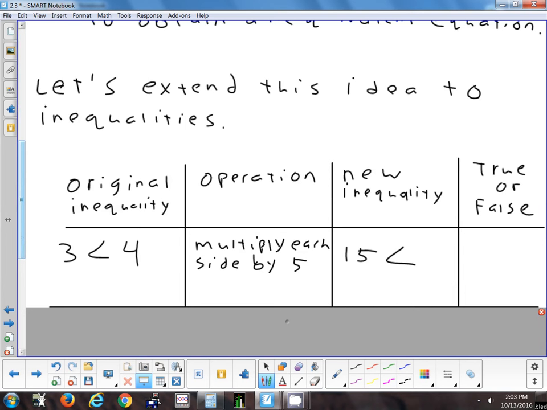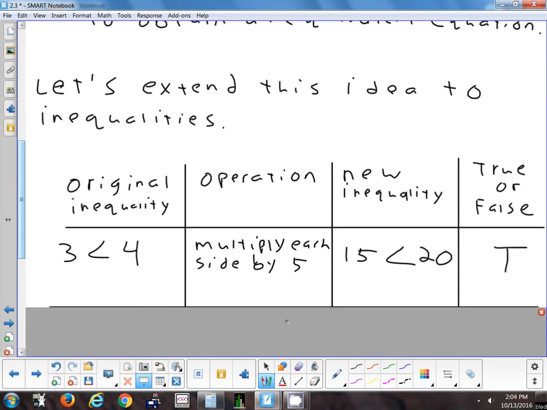What about 4 times 5? 20. All I did was multiply each side by 5. Is the new inequality true or false? True. It looked like it worked fine. We multiplied both sides by the number 5, and we still ended up with something that's true.